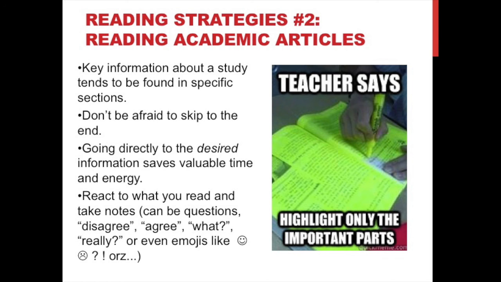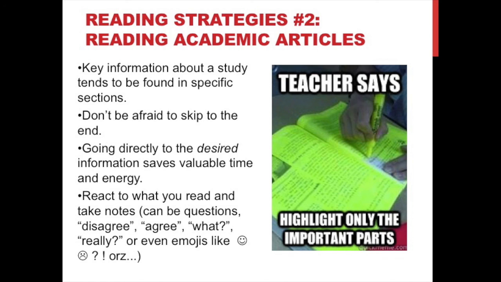Before you work on reading your academic source, I want you to understand certain strategies for reading academic articles. First, key information about a study tends to be found in specific sections. Like what we did in this Waldo activity, you need to know the specific section in which to look for the information that you need.